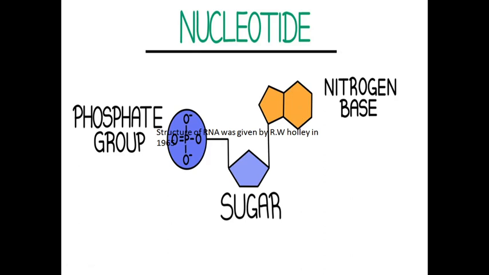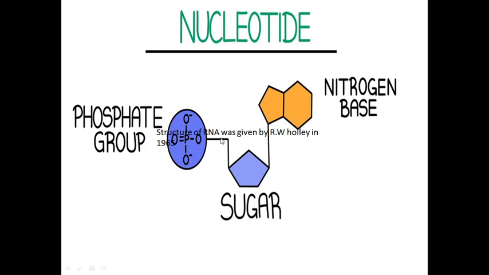Then this nitrogenous base forms a bond with the ribose sugar, and the ribose sugar forms a bond with a phosphate group, and this forms a nucleotide, a ribonucleotide. Remember, the nitrogenous base can be adenine, guanine, cytosine, or uracil. And then we have changes in the sugar also. It's a ribose sugar here having the 2' OH group intact.